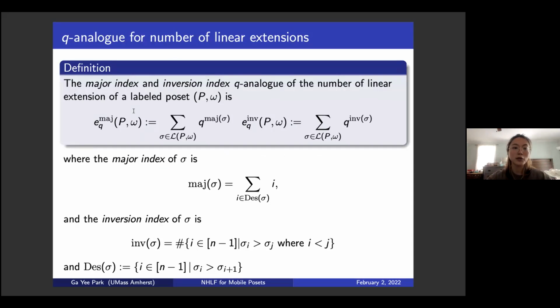The two popular ones are the major index and the number of inversions. Given this definition, the major index looks at the positions of the descents and sums them all up, and the number of inversions is the number of times where a label is less than the one that is previous. I'll give an example.